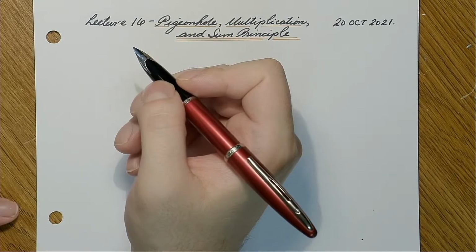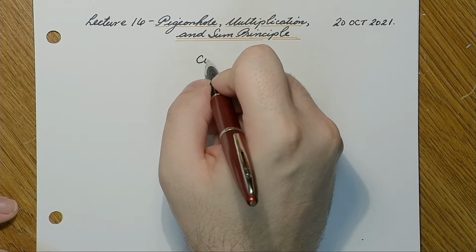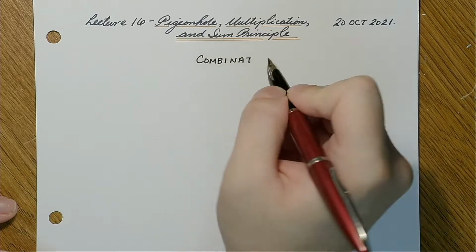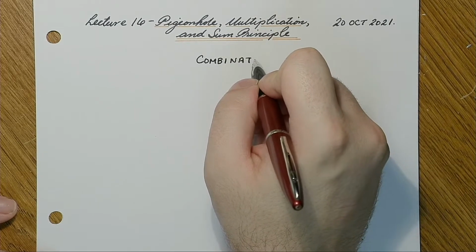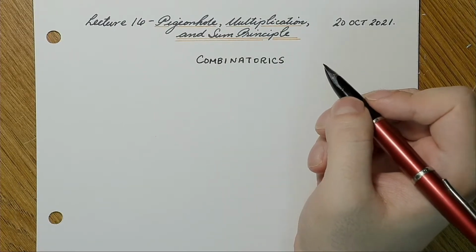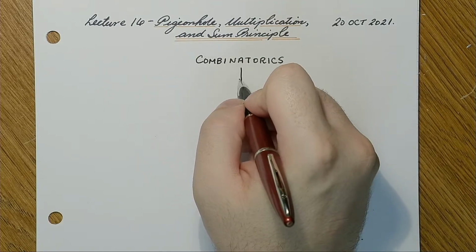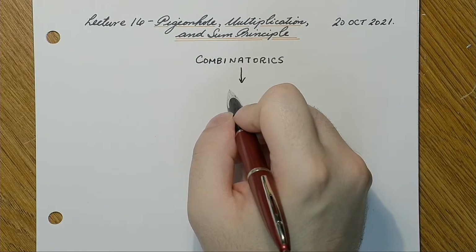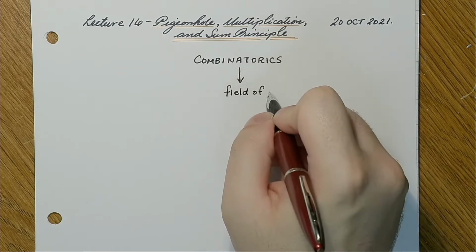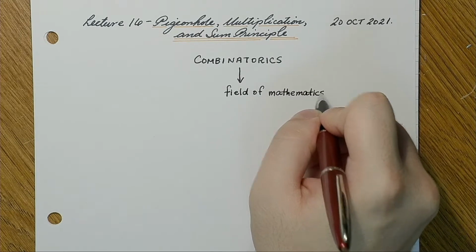Let's start off with that big word, combinatorics. Basically, it's a field in mathematics. We have lots of things in mathematics.